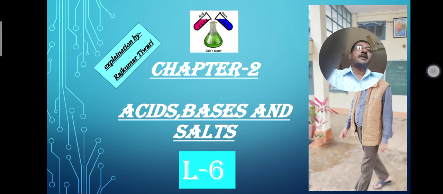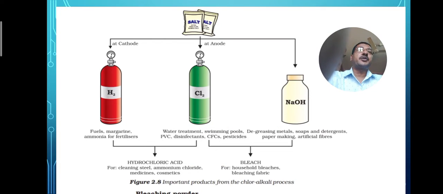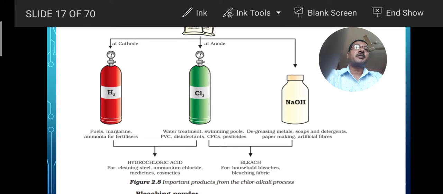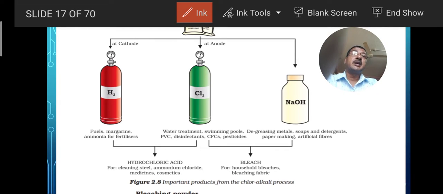In the previous class I told you about the preparation of sodium hydroxide. We have discussed the chlor-alkali process. What is the chlor-alkali process? It is the electrolysis of brine, which is done to produce sodium hydroxide, in which along with the sodium hydroxide we also obtain chlorine gas along with hydrogen gas.